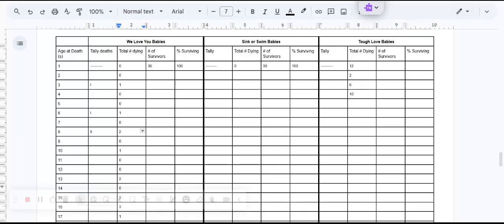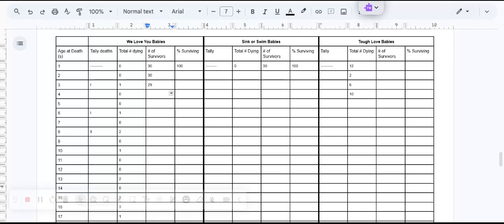Then what you're going to do right here in the number of survivors column is you had 30 bubbles total. So right here, I had 0 die at age 1, so I still have 30 survivors. At age 2, none died, so I still have 30 survivors. At age 3, I have 1 die, so now I only have 29 survivors.